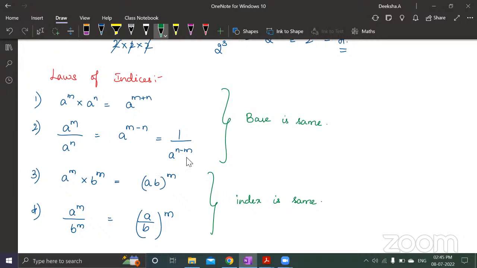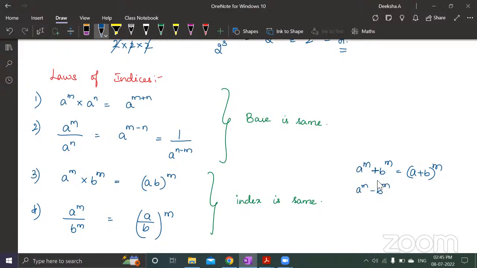Now here, the common confusion or the common mistakes that the students do is, if they have a power m plus b power m, they will write it as a plus b whole power m. This is wrong. When you are adding two numbers using addition or subtraction, okay, so here you are adding two numbers.